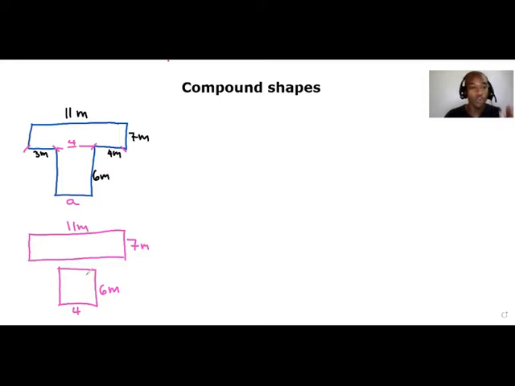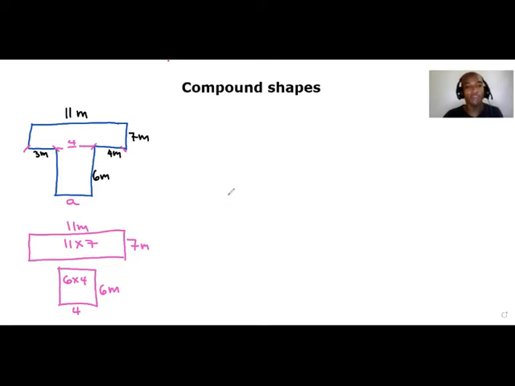We have 2 rectangles here, and the area of a rectangle is basically length by width. So here we would have 11 by 7, and below here we would have 6 by 4. I usually like to label them. Sometimes I label one shape as A, the other shape as B. It's not a must, it's up to you.